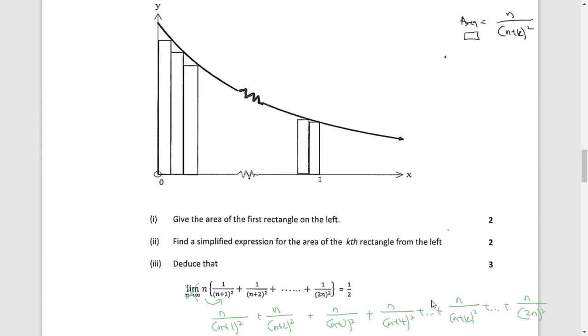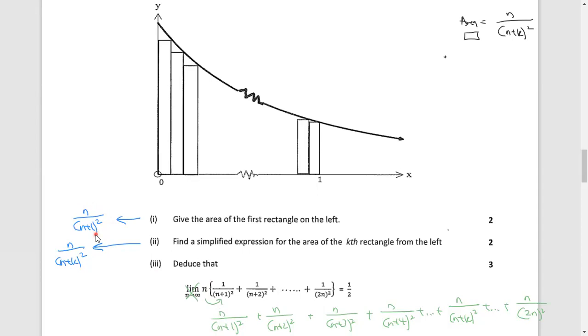Remember our answer to the first one was n over (n plus 1) all squared. And remember our answer to the general one was n over (n plus k) all squared. And all we've done here for now at the bottom is multiply that n in and forget the limit for now. So we've got n over (n plus 1) all squared. That kind of looks like this.